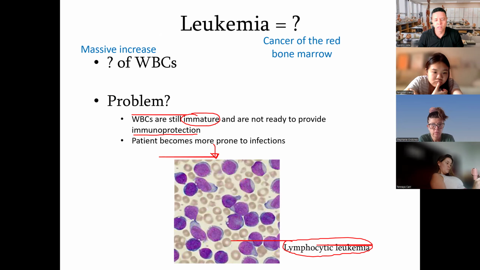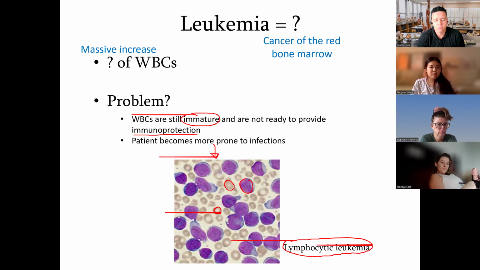These right here are the red blood cells, and all of these are immature white blood cells. Look how many we have right here. You can clearly see just by looking at this blood sample that this individual has leukemia due to this massive increase of immature white blood cells. Any questions?